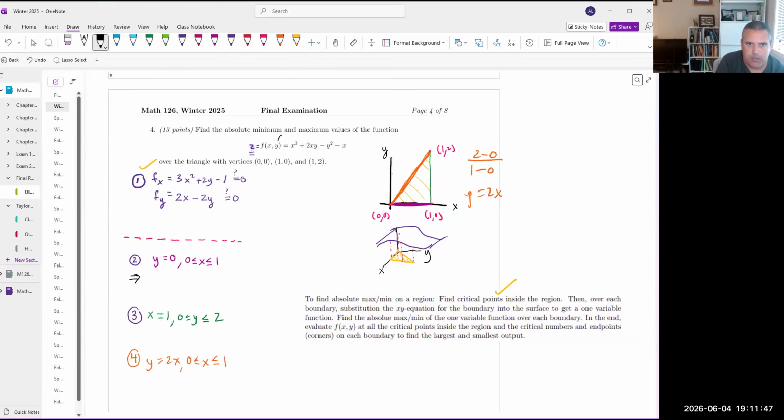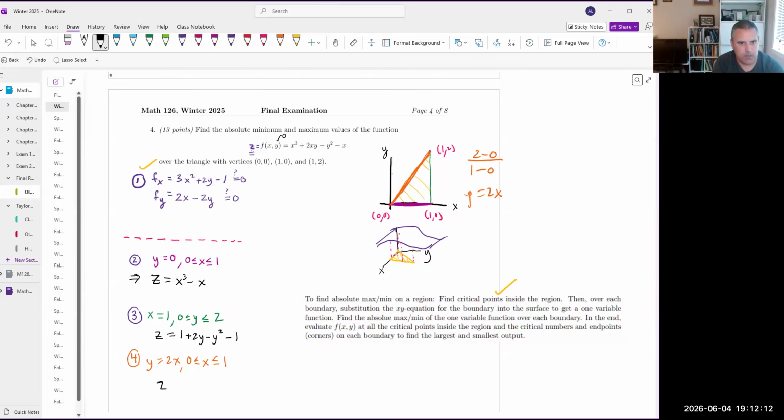One of them we're going to plug in 0 for y. The next one we'll plug in a 1 for x. Plugging in 0 for y makes it x cubed minus x. If you plug in a 1 for x, you get 1 plus 2y minus y squared minus 1.